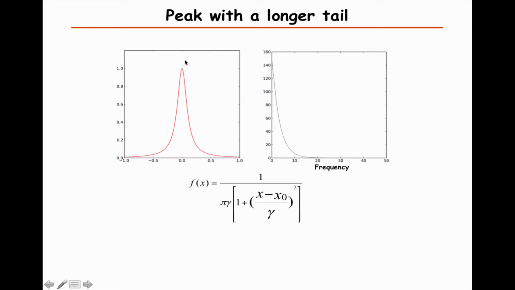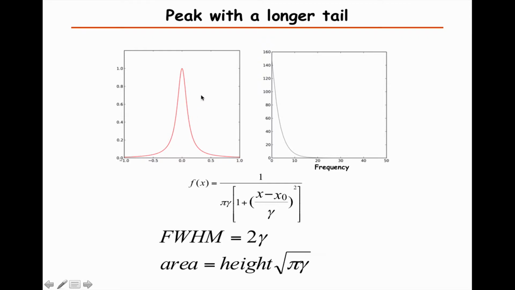Actually, the mean and the variance are not defined for this one, but we can get the median, and of course we can get the full width at half maximum. That's related to, again, and we can calculate the area.